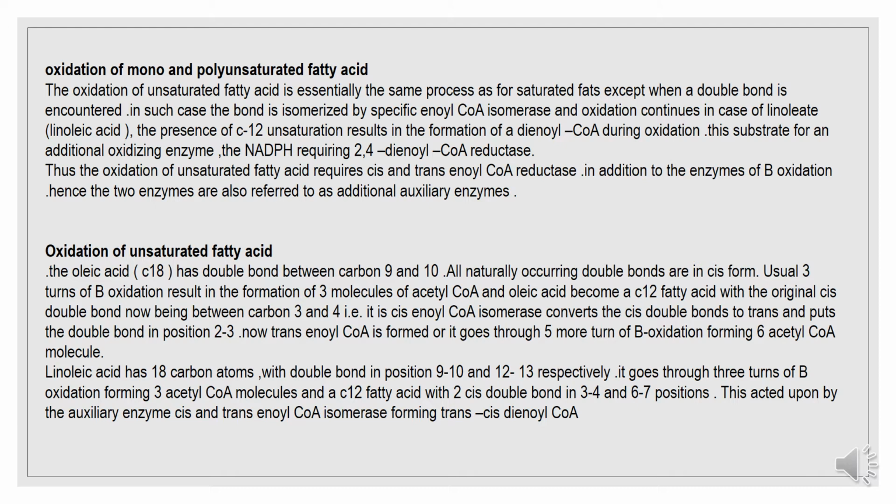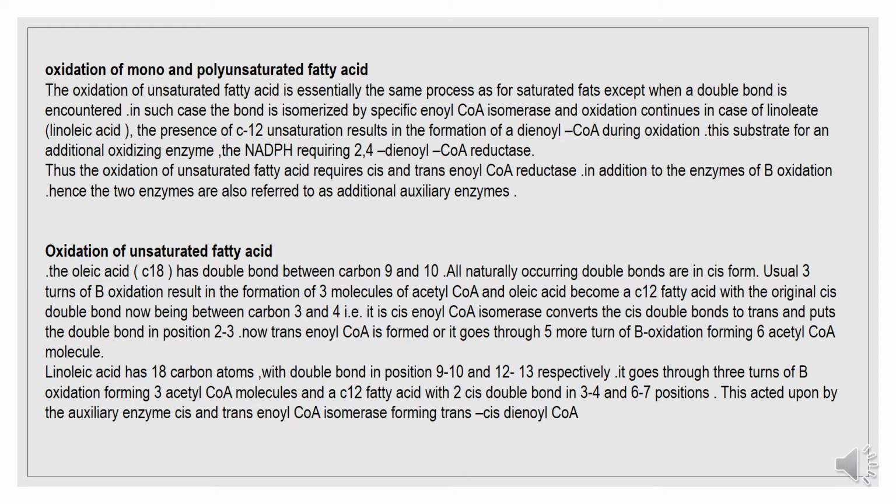Cis enoyl CoA isomerase converts the cis double bond to trans and puts the double bond in the position of 2 and 3. Now the trans enoyl CoA is formed and it goes through 5 more turns of beta oxidation and forms 6 acetyl CoA molecules.